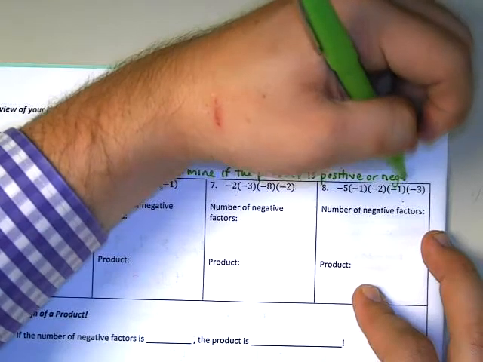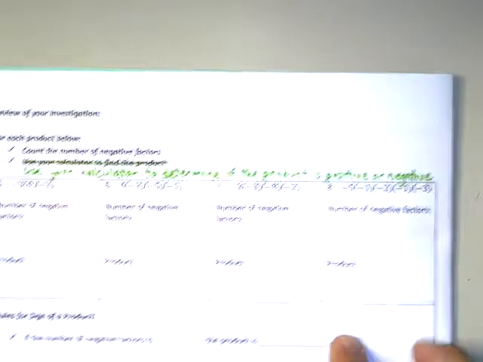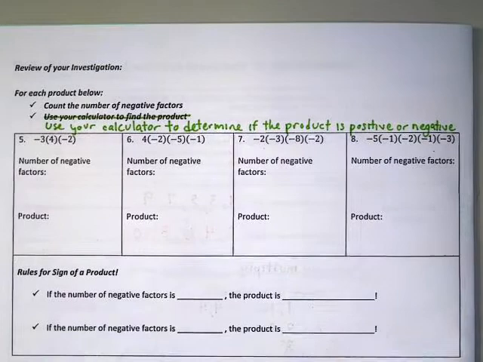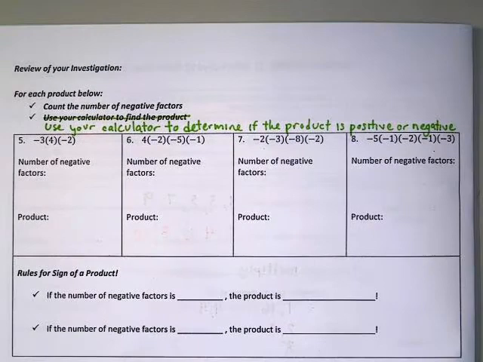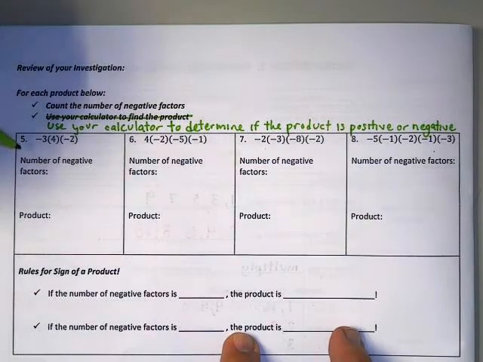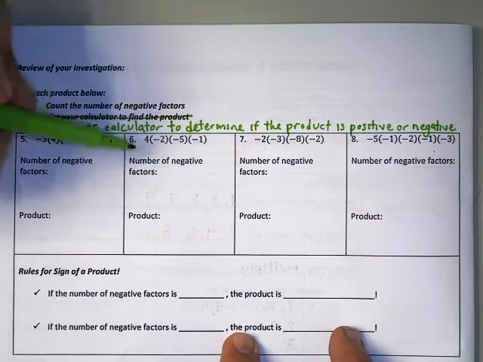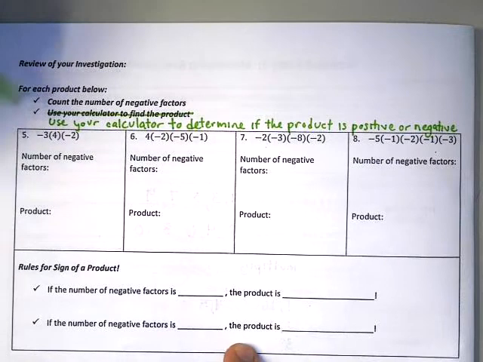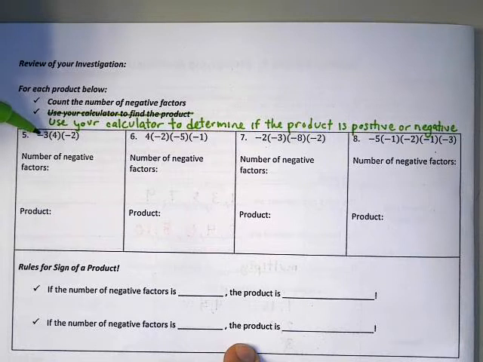All right, sorry about that big long sentence. So use your calculator to determine if the product is positive or negative. All right, well, let's take a look. I'm going to do 5 and 6 with you, and then I would want you to try 7 and 8 on your own.